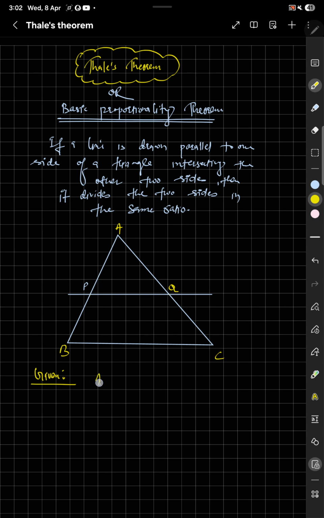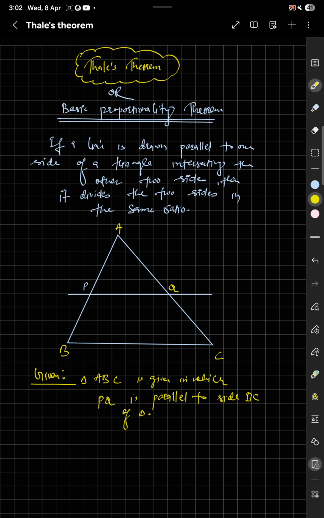A triangle ABC is given in which PQ is parallel to side BC of the triangle. This one thing is given to you and you have to prove this.